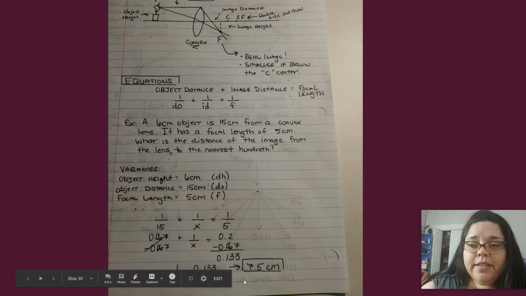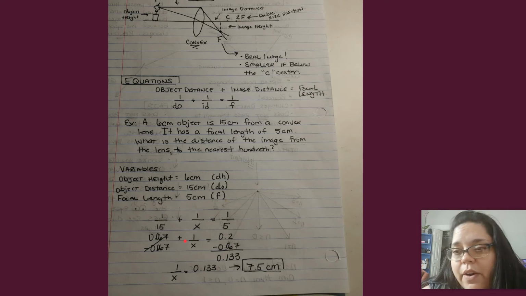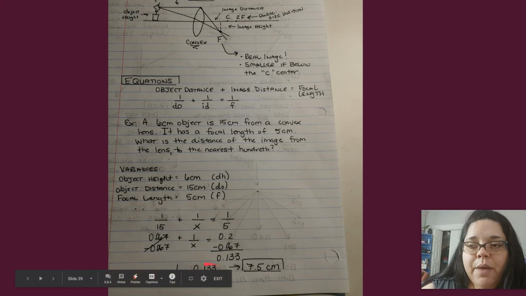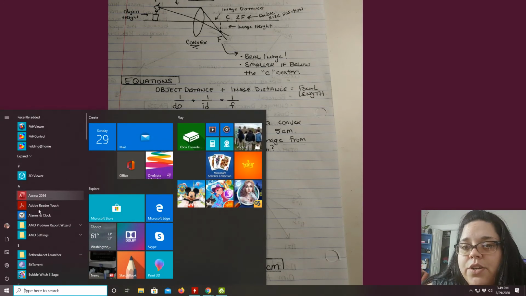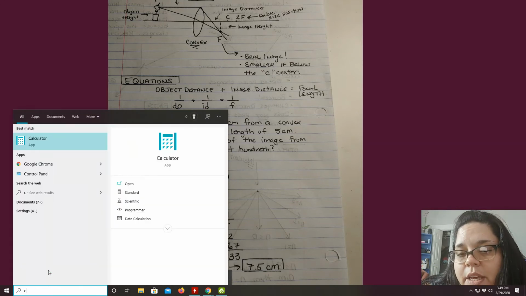When you have this 1 over x, you want to go ahead and use your calculator to very simply figure out what that is. So I'm going to show you real quick.